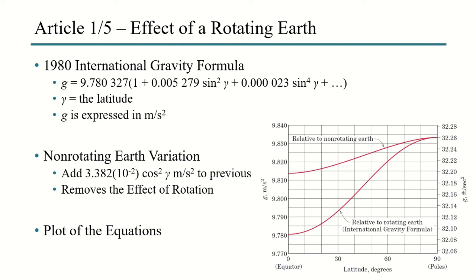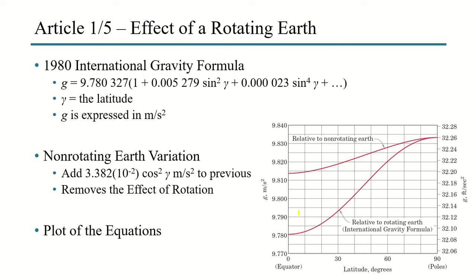The 1980 International Gravity Formula. That was more than 40 years ago. g here is given by this equation as 9.780327 times the quantity 1 plus 0.005279 sine squared gamma plus 0.00023 sine to the fourth power of gamma plus and so on, where gamma is the latitude.